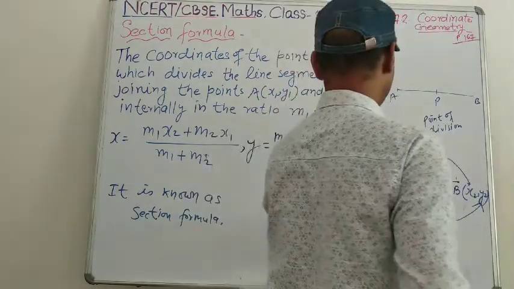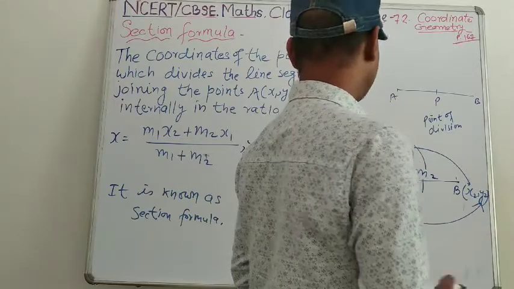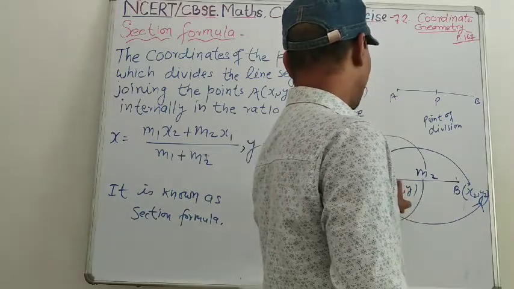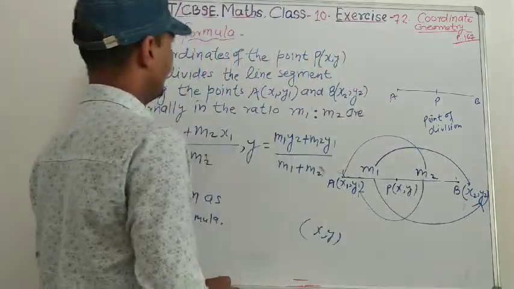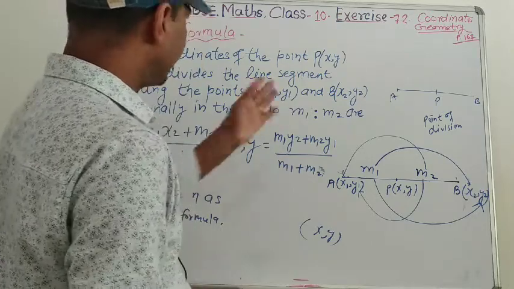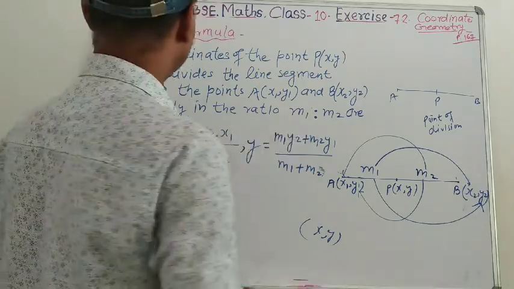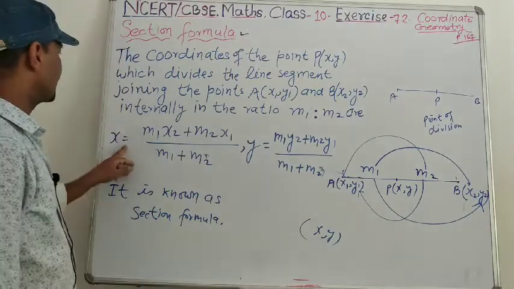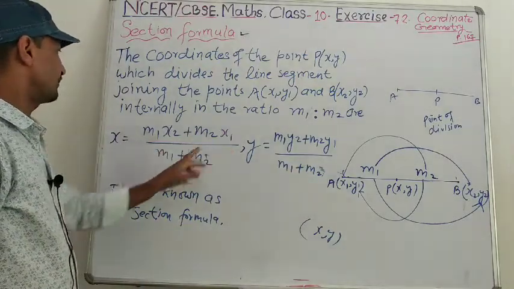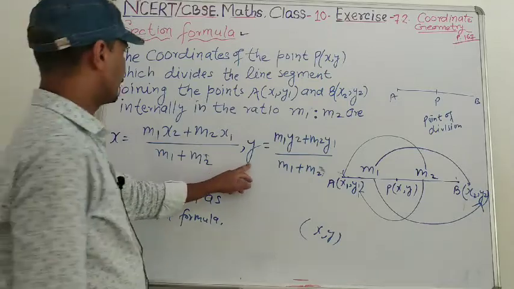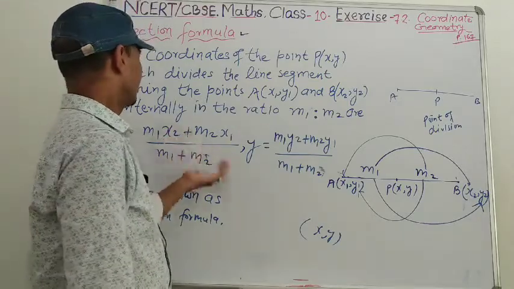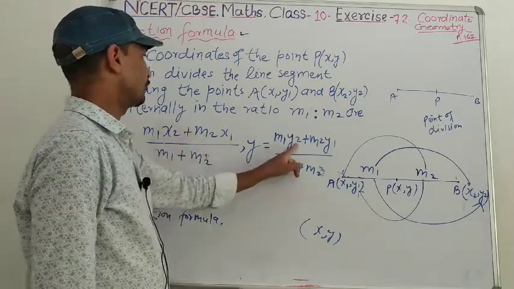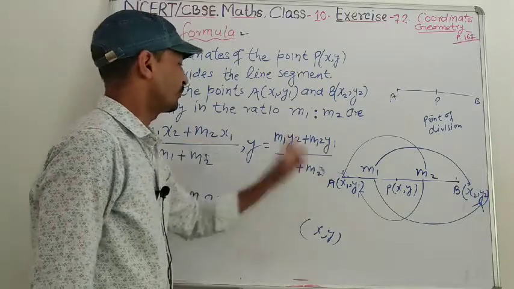Two points will be given and we should find the point of division by this formula. So it is a must to get the ratio in any line segment, so we can use section formula. So x is equal to m1 x2 plus m2 x1 by m1 plus m2. Y equal to, for the y coordinate x2 becomes y2, m1 y2 plus m2 y1 by m1 plus m2.